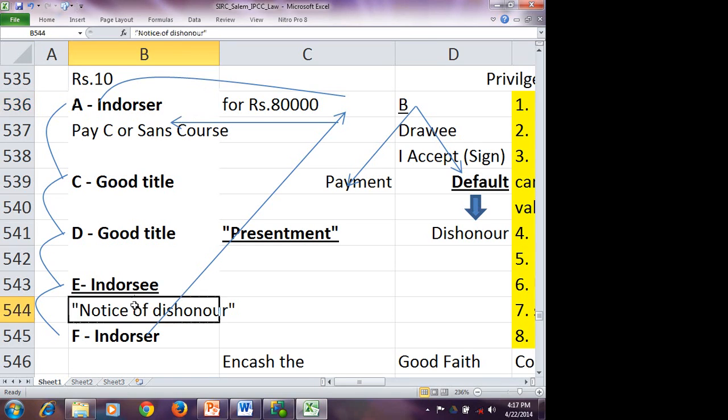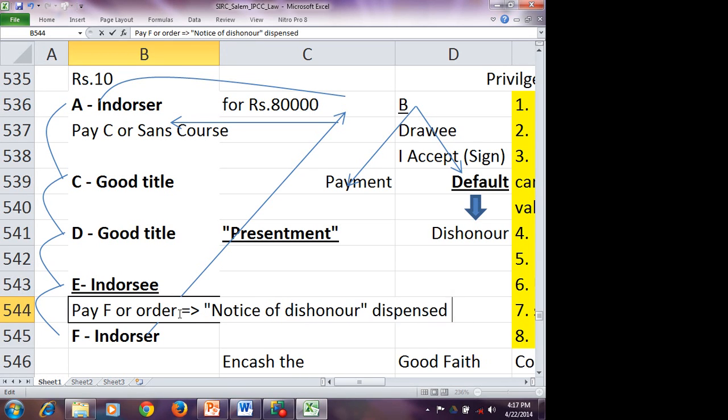Now, F has a right to receive this. If F waives this right, it becomes facultative. Pay F or order, and he further states notice of dishonor dispensed with. He waives. Facultative is waiver.